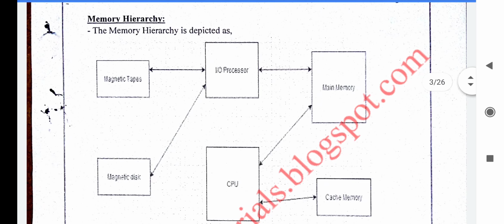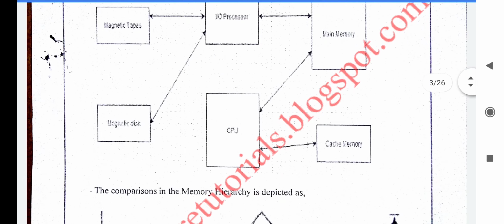Then comes the memory hierarchy. The memory hierarchy is just like this: magnetic tapes, magnetic disks, IO processor, main memory, CPU, and cache memory.